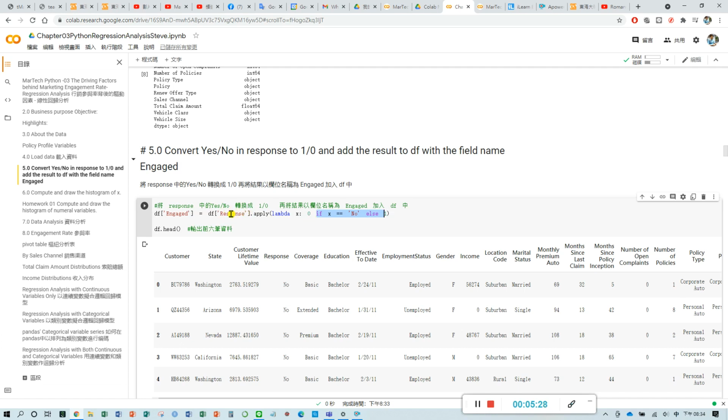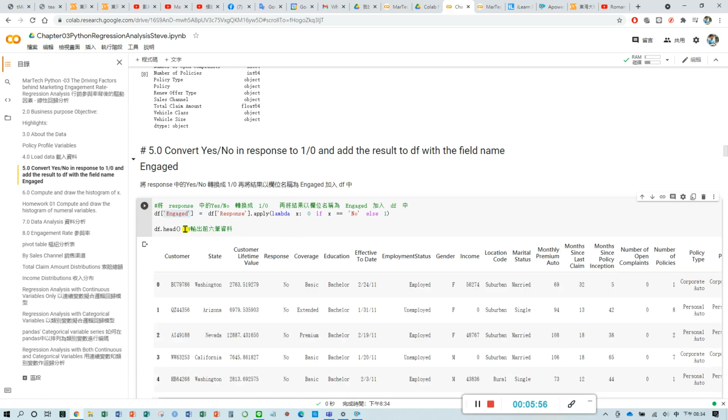If the response is no, it will be 0. If x is not no, it will be 1. We have talked about this last week. So we do this one, and also we generate a new variable which we call engaged.